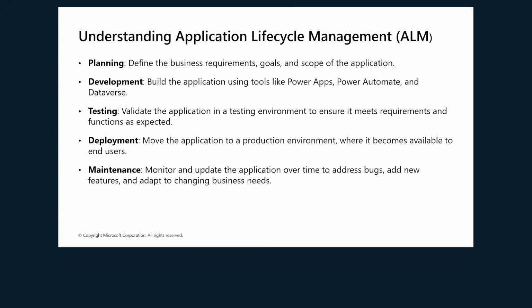Use cases include deploying a customer service app across departments or maintaining a field service solution with regular updates. The benefits of ALM in Power Platform include improved governance, streamlined collaboration, reduced time to market, along with high-quality solutions that evolve with the business.